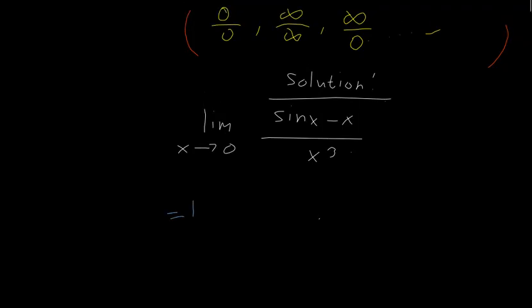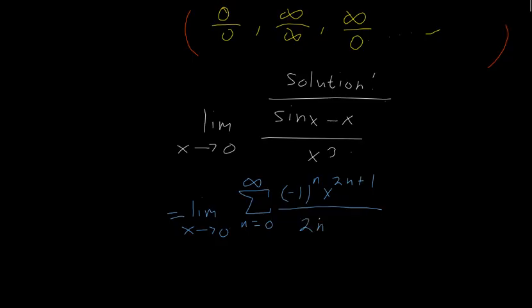So limit as x approaches 0, sine x. This is a power series substitution. This is going to be equivalent to the sum from n equals 0 to infinity of -1 to the n times x to the 2n plus 1 divided by 2n plus 1 factorial.